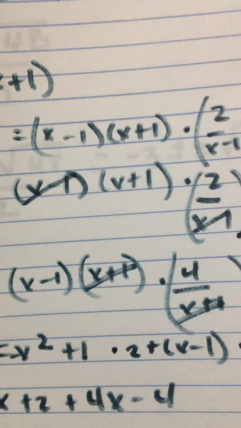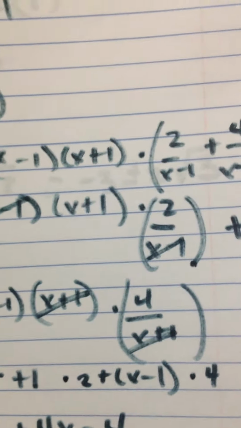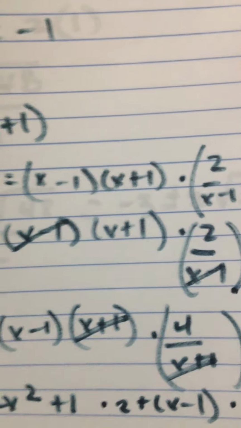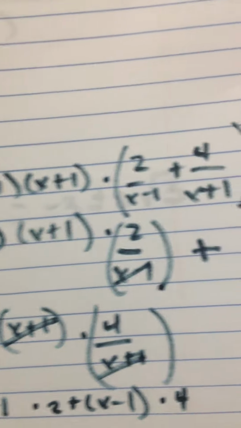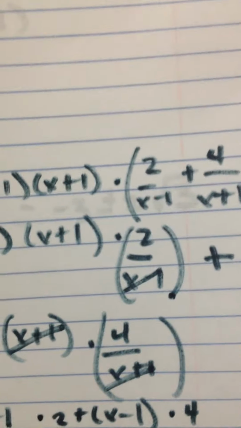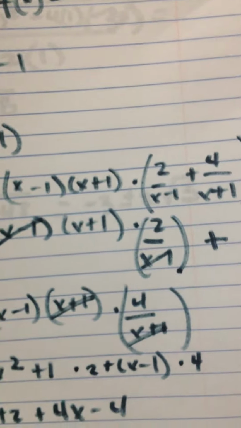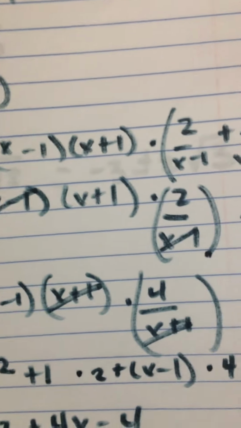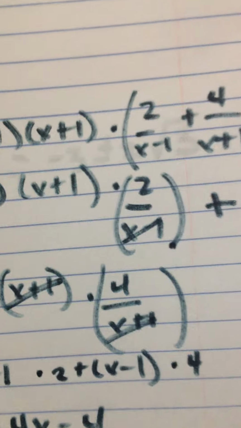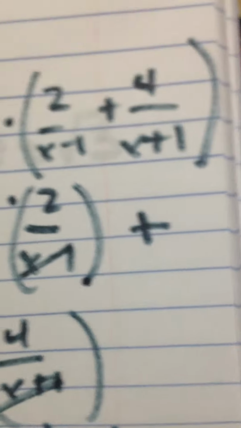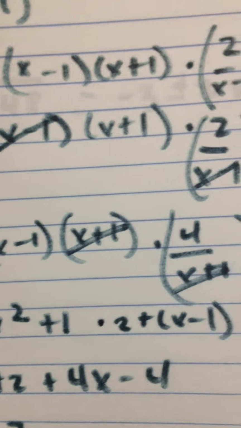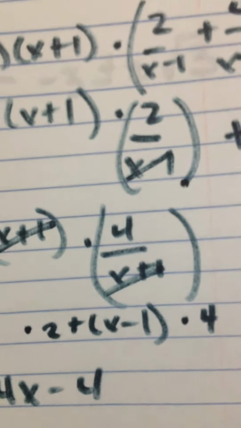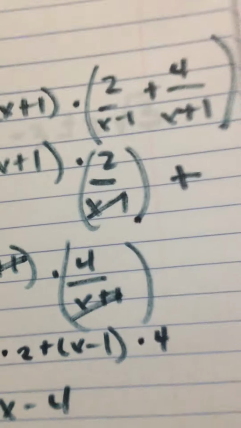And then after you multiply the LCD to both sides, you distribute the second part of your equation first. So I distributed x minus 1 times x plus 1 with 2 over x minus 1, and then plus x minus 1 times x plus 1 times 4 over x plus 1.